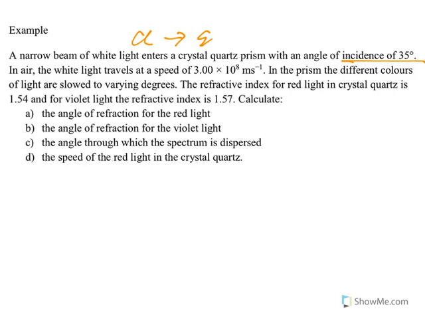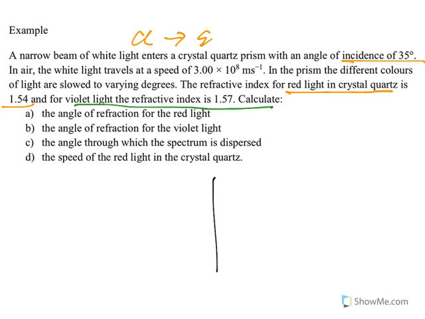We know the different colours of light are refracted by different amounts, so we're looking for red light. For red light in the quartz the refractive index is 1.54. For violet light in the quartz, it's 1.57. So a little bit of difference, 0.03 in the second decimal place, but there is a little bit of difference.